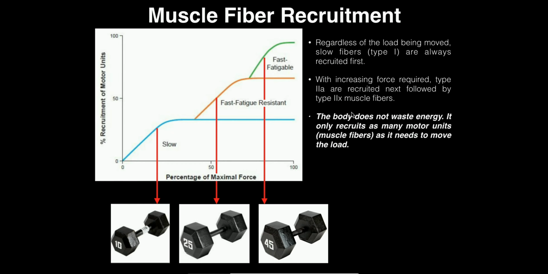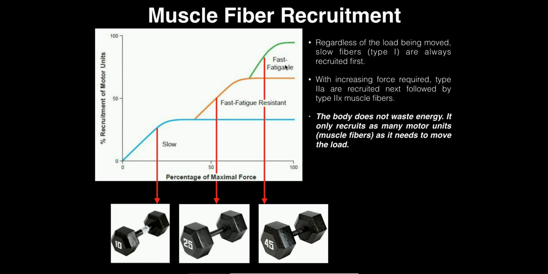Another thing that comes out of this is the body does not waste energy. The body, in skeletal muscles, is going to be as energy efficient as possible. And so the body's only going to activate as many motor units as it deems necessary. So for example, if I'm lifting the 10-pound dumbbell, we already said that the slow fibers are going to be more than sufficient to lift the 10-pound dumbbell in this example. There is absolutely no reason to activate either the 2A or 2X muscle fibers.